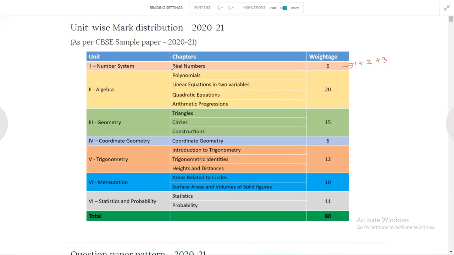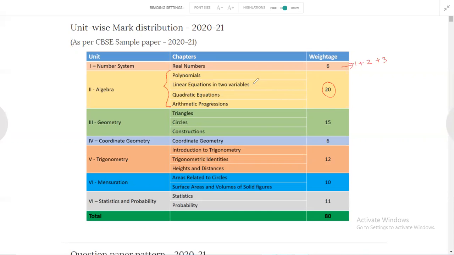Now, the next one is algebra. As you know, in algebra there are 4 chapters: polynomials, linear equations in 2 variables, quadratic equation, and arithmetic progression. The total weightage is given as 20. So there will be 1 mark questions, 2 mark questions, 3 mark questions, as well as a 5 mark question.